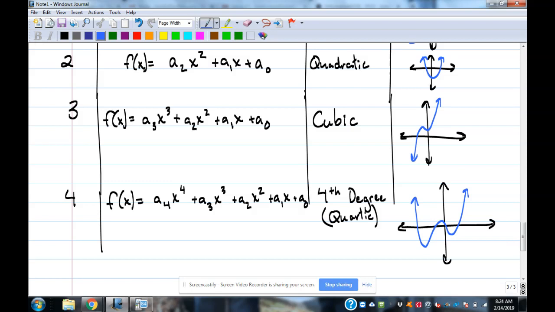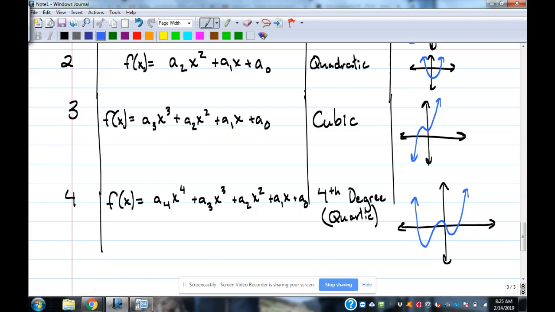So for odd degrees, if you can remember what a line does, it can help you understand the end behavior of odd degree polynomials. For even degrees, you have a lot of knowledge about quadratics. They follow suit with quadratics. That can help when we talk about end behavior a good bit.